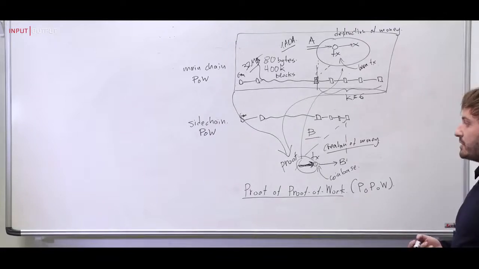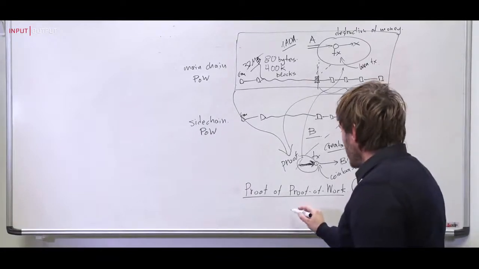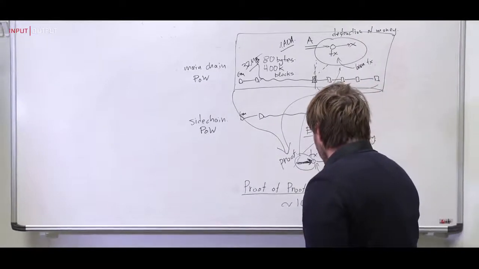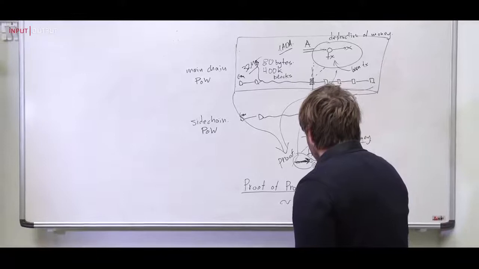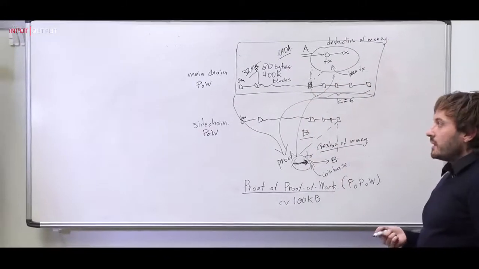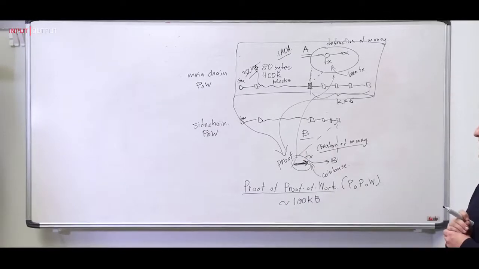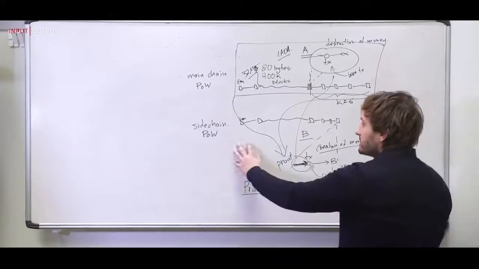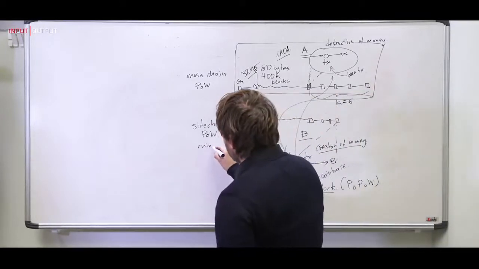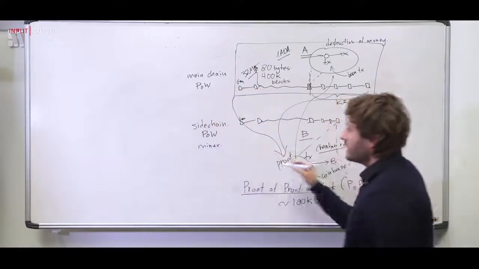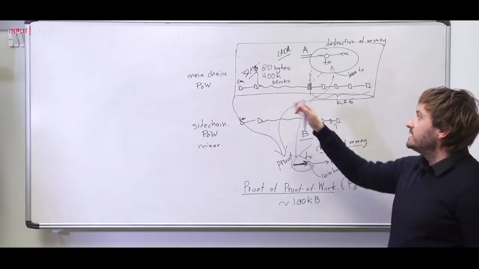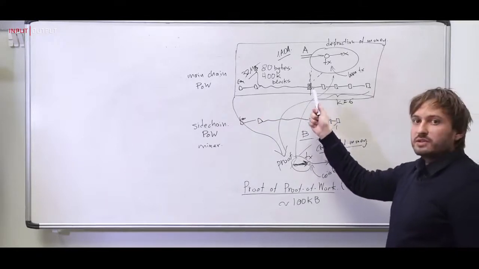These proofs can be quite short. They can be maybe a few hundred kilobytes. Let's say 100 kilobytes. And so for modern blockchains, they can be included within transactions themselves. And the nice part about these is that they can be checked independently by the miners living within this sidechain. So if a miner exists here and is mining this sidechain, they don't need to look into this network of the main chain at all to see that this transaction was really valid.